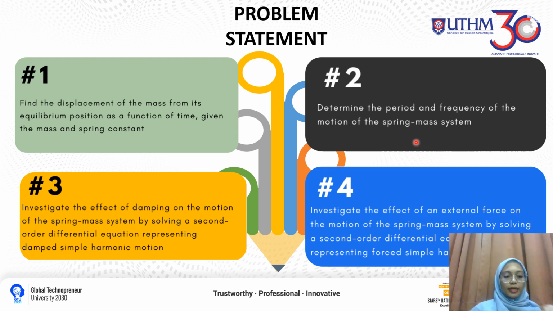First, we need to identify the mass, and we can use an equation to find the period of the motion, and we can use another equation to find the frequency. It is important to note that the period and the frequency of a spring mass system are inversely related. The highest frequency will have the shortest period. If both springs have the same mass but the spring constants are different, a spring with a higher spring constant will have a shorter period.